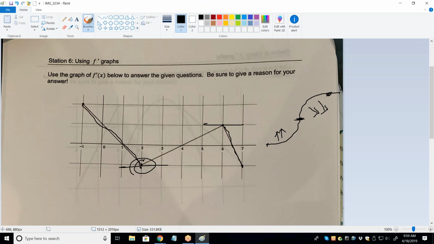And notice why. No, the slope of the tangent line is defined there. It's just infinite. It has an infinite slope. So what would that look like on a first derivative? There would be a vertical asymptote, and it would go to infinity.